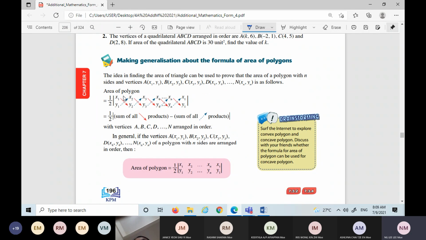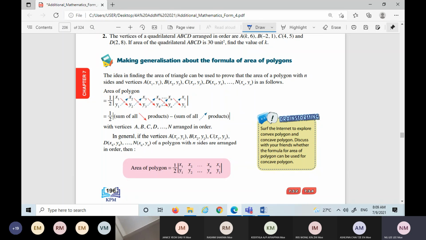So you can see, for example here you have a polygon with n sides, so you have point A until point N. You just arrange them in this way, the first point until the last point, and then remember to repeat the first point. And then do the same thing.